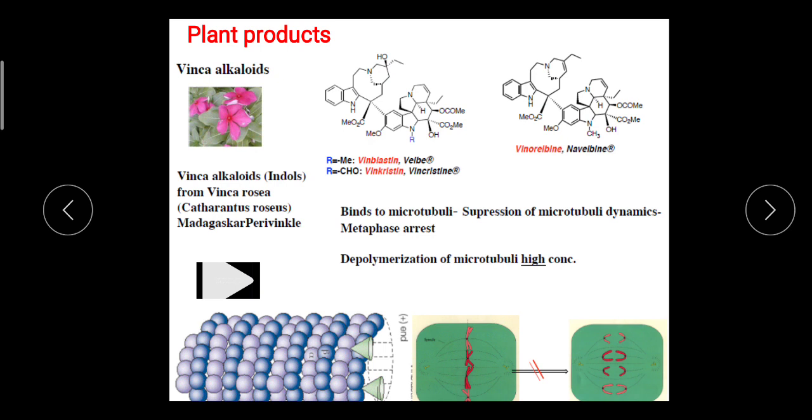The next class under the chemotherapeutic agents are the plant products. Herbal medicines are important in the prevention and treatment of cancer. Drugs derived from plants are of great interest as synthetic drugs have various undesirable side effects.